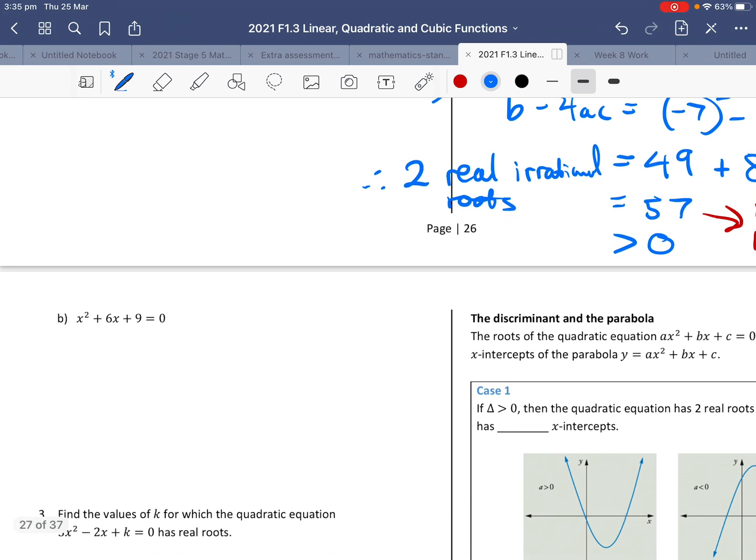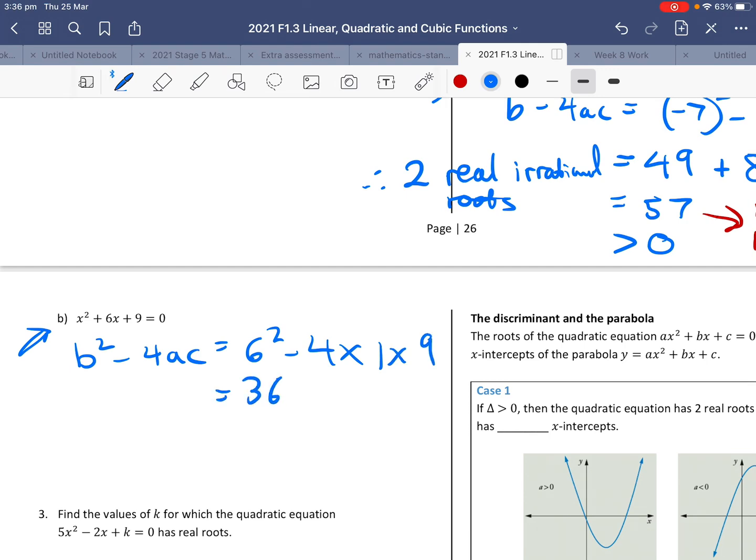Let's have a look at one more. x squared plus 6x plus 9. b squared minus 4ac. So b squared is going to be 6 squared minus 4 times a, which is 1, times c, which is 9, which is 36 minus 36, which is equal to 0.